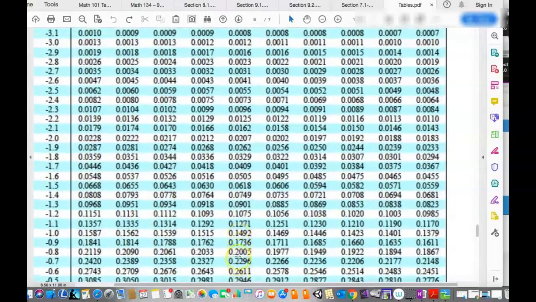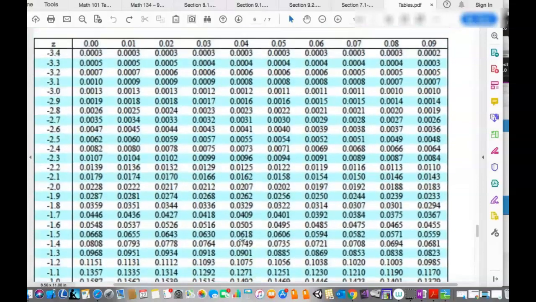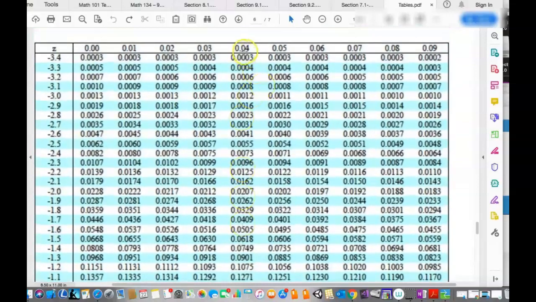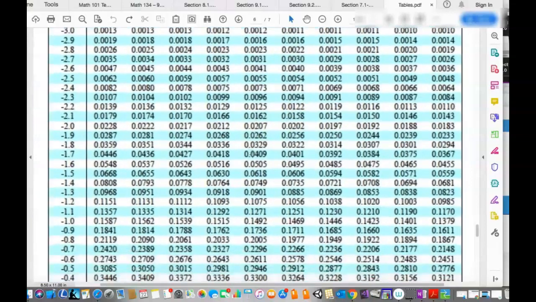Now going to the left, here is the number I have on the left side. On the first column is negative 0.8, and then go on top. On top I have 0.04, so adding these two numbers I have negative 0.84.